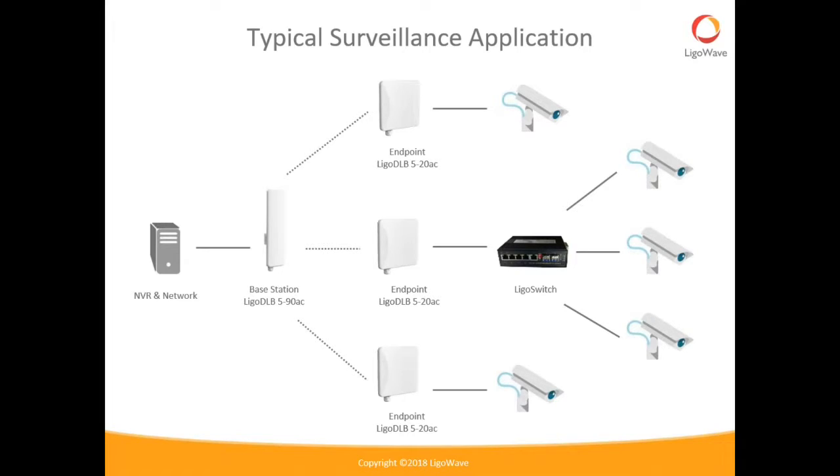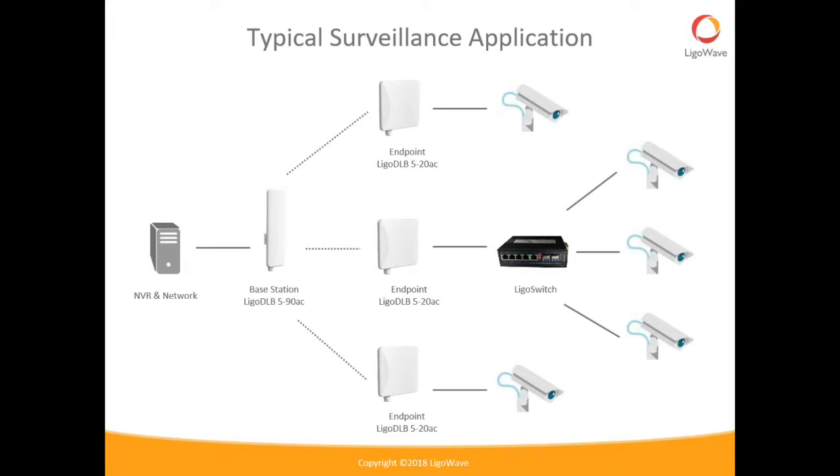A typical surveillance layout is I'd have my base station, which would be my 590s. I'd have a series of different endpoints for point to multipoint, and I might have several cameras plugged in at each endpoint. One of the nice things about our protocol is that we dynamically adjust based on the loading.